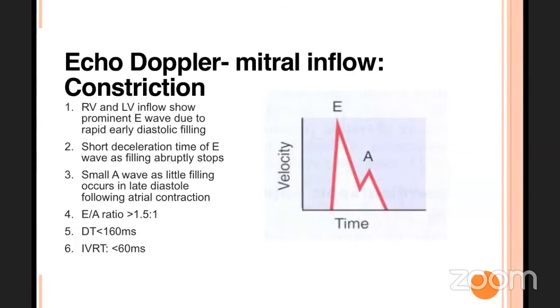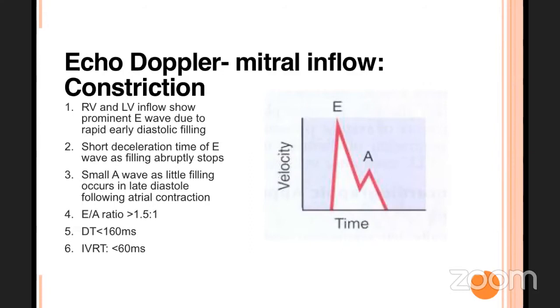Normally, the E by A ratio is something like 0.8 to 1.2. That means the E wave and A wave are almost equal, plus or minus 20%. So generally, E is taller than the A wave.